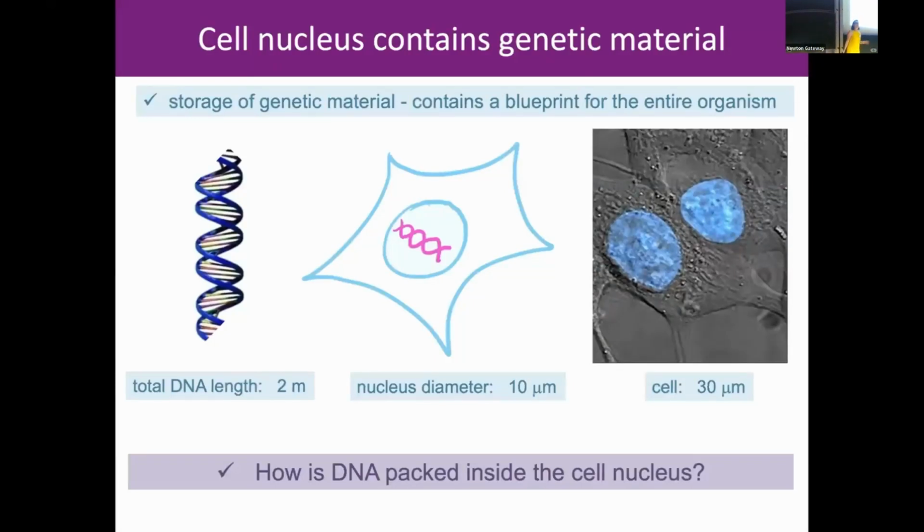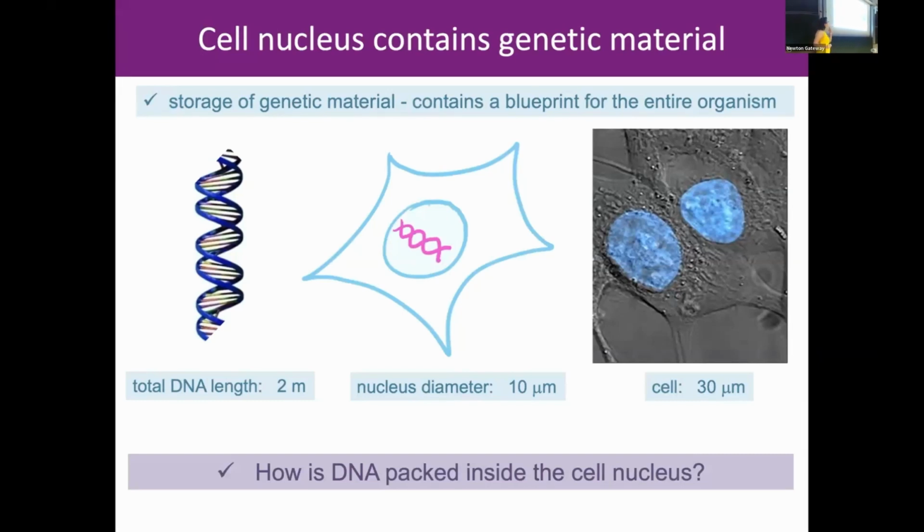So let me start first by introducing my system, since I imagine I'm the first one speaking about the genome today and at this conference since yesterday. The genetic material in higher organisms is stored within the cell nucleus. As you all know, the genetic information is encoded in a long DNA molecule.